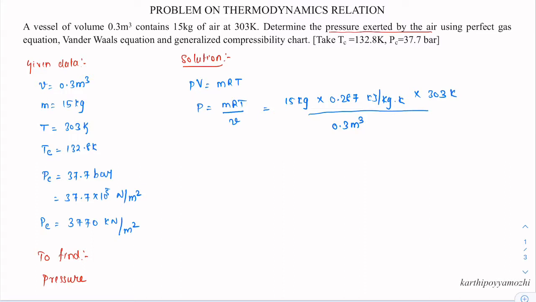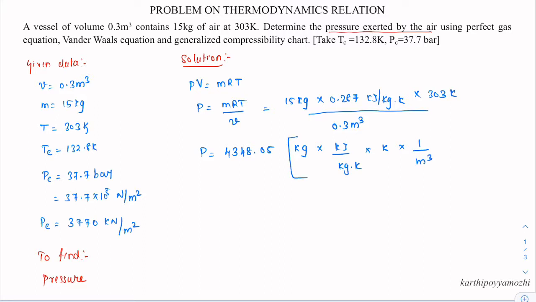And on calculation, the value of P is being calculated as 4348.05 and the unit calculation is given as kg for mass into kilojoule per kg Kelvin into K into 1 by meter cube.